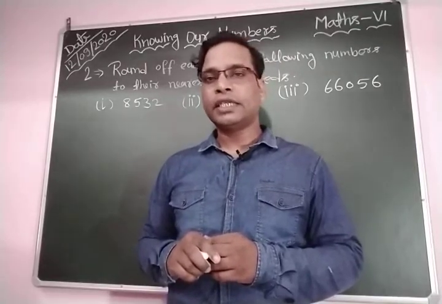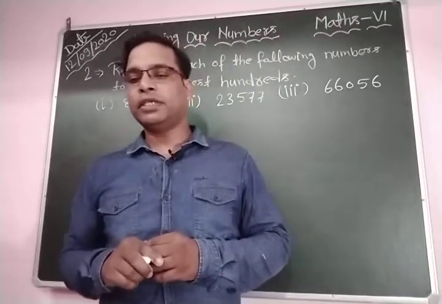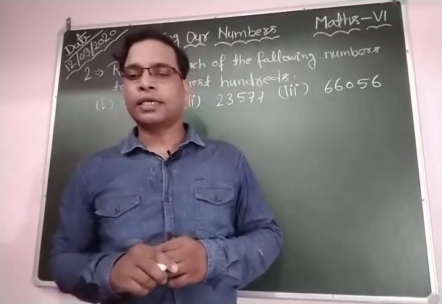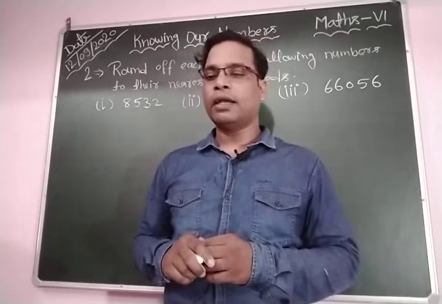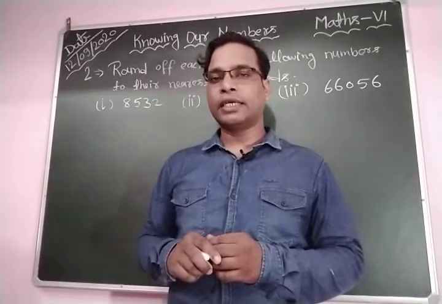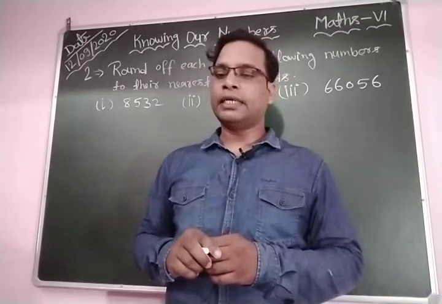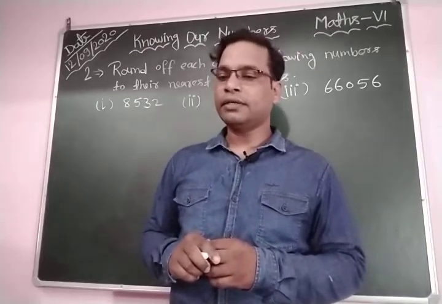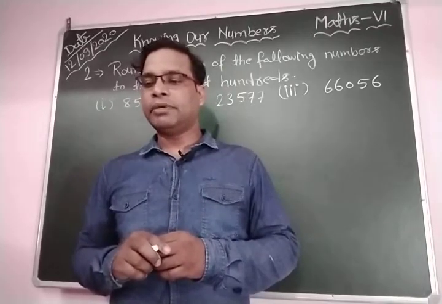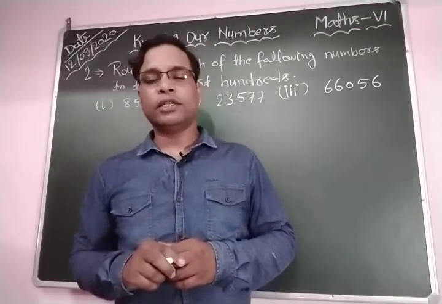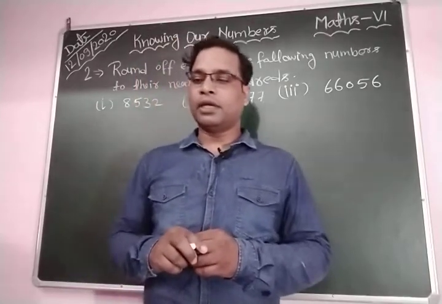If the tens place digit is less than 5, then we replace the tens place digit and ones place digit by 0 and keep all other digits of the number as they are. Second step: if the digit at the tens place is 5 or greater than 5, then increase the hundreds place digit by 1 and replace the tens place digit and ones place digit by 0.